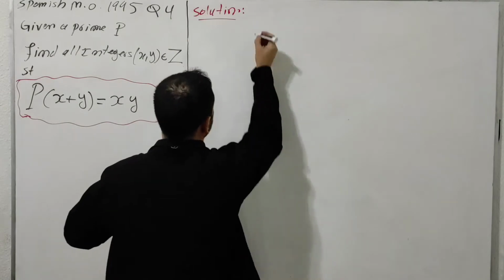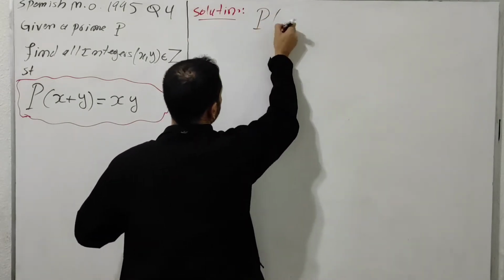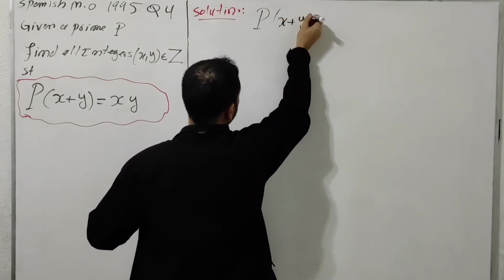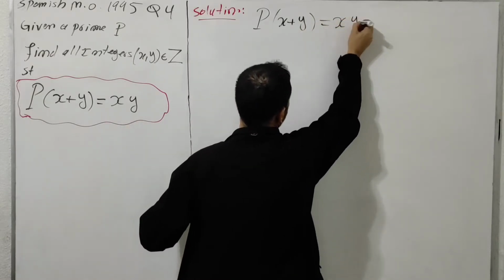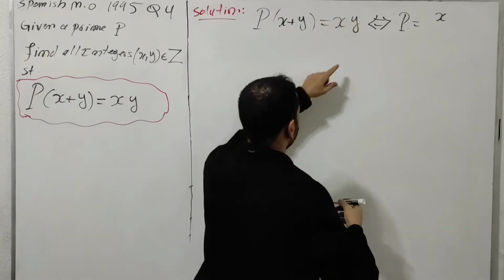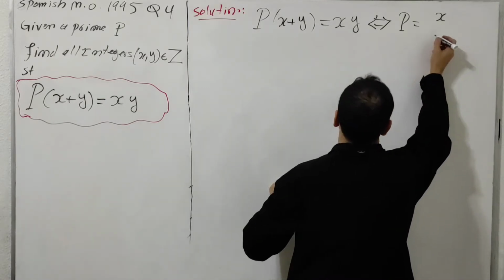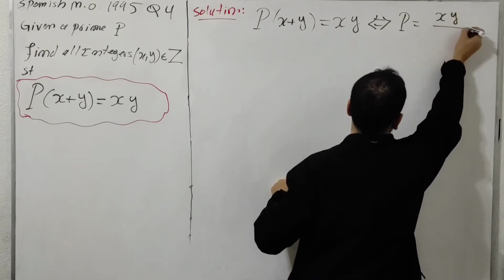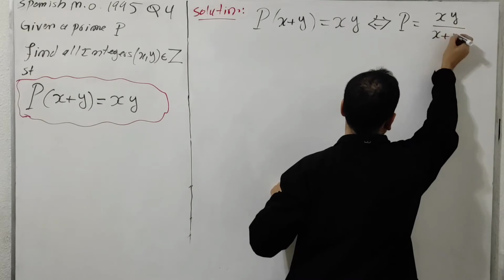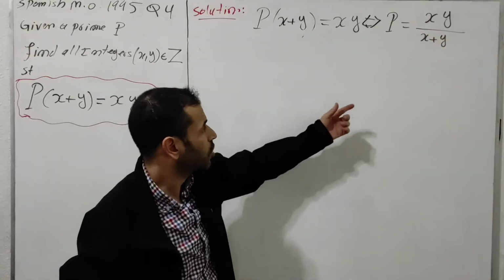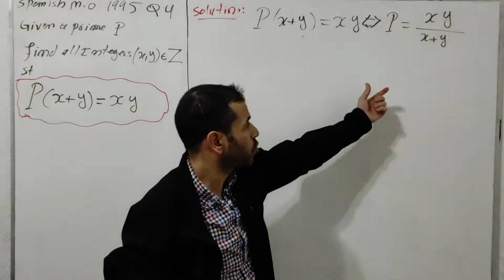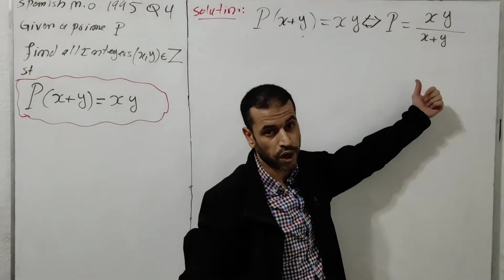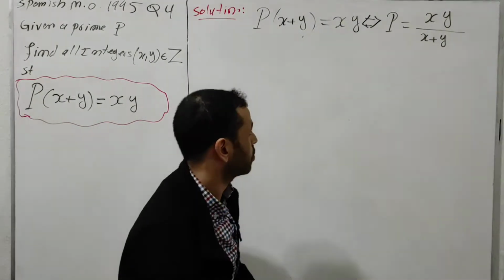We have p multiplied by (x plus y) equals x multiplied by y. This is equivalent to p equals xy divided by (x plus y). If you take a look at this fraction, we have a nice symmetry here. So (x, y) is a solution and (y, x) is a solution as well by symmetry.